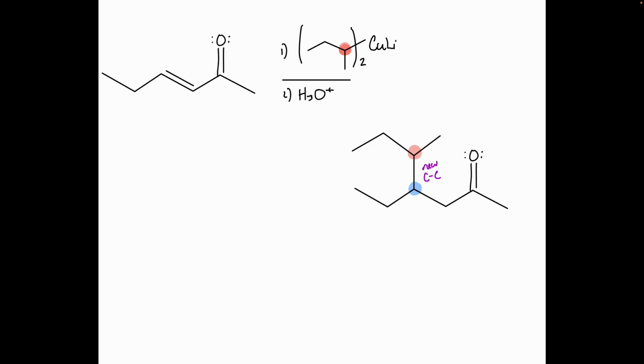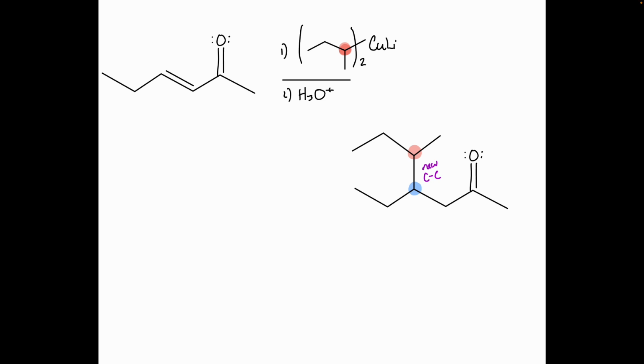Cool? And we can count carbons to double check. My 1, 2, 3, 4, 5, 6 from my original 4, 5, 6. I should have added on 1, 2, 3, 4, and specifically it would have been carbon 3 that should have been attached, that one that I colored in red there.